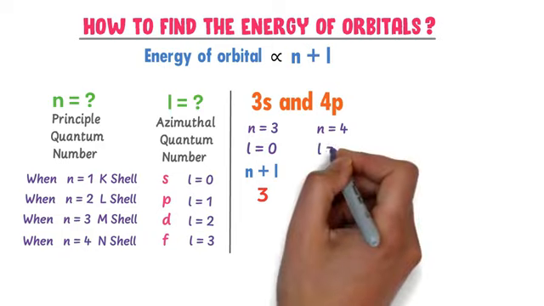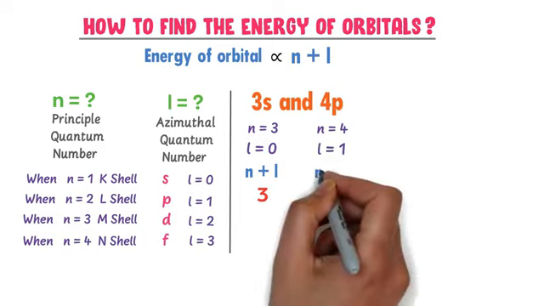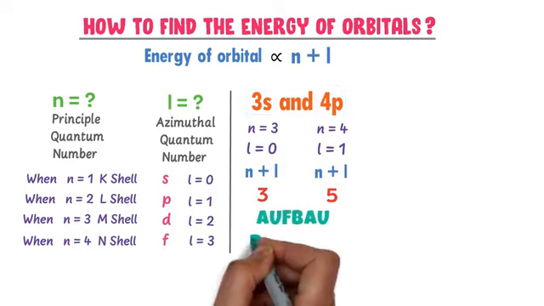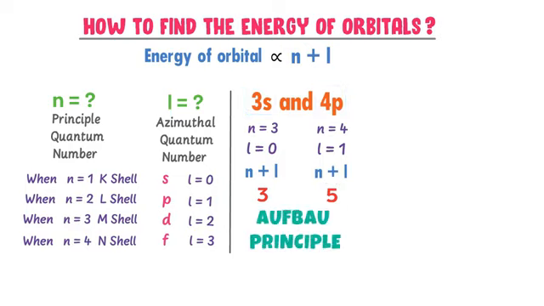For p, l is equal to 1. So n plus l is equal to 4 plus 1 and we get 5. Thus 4p has more energy than 3s because the n plus l value of 4p is greater than 3s. Therefore, according to Aufbau principle, electrons will firstly fill the 3s orbital due to having lower energy.